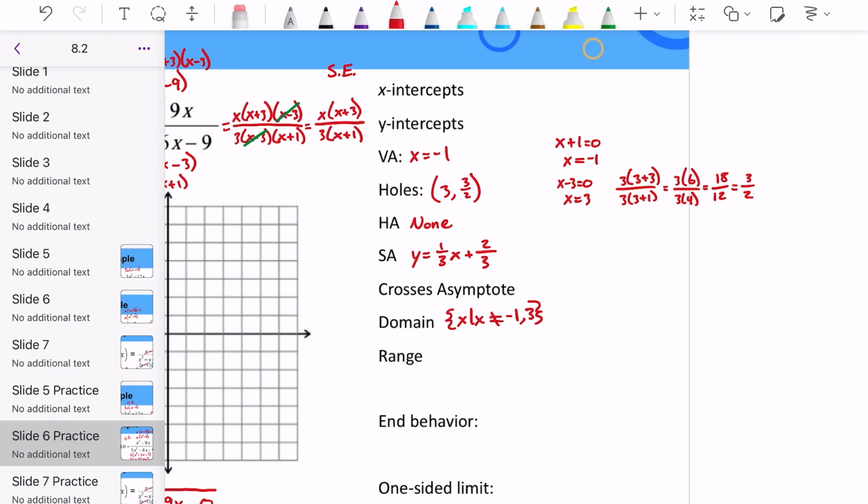So we would go ahead and write this down as 1/3 x plus 2/3 is equal to x squared plus 3x over 3 times x plus 1.